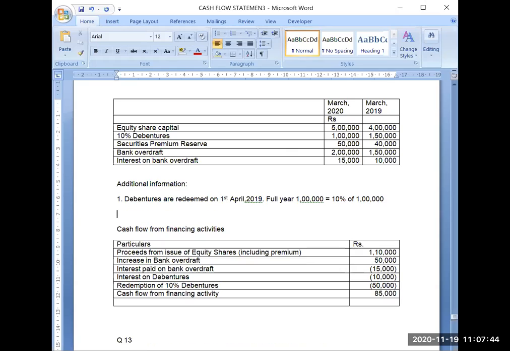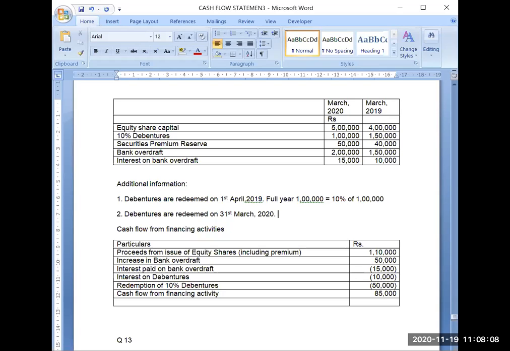Then the second situation may be that debentures are redeemed on 31st March 2020.